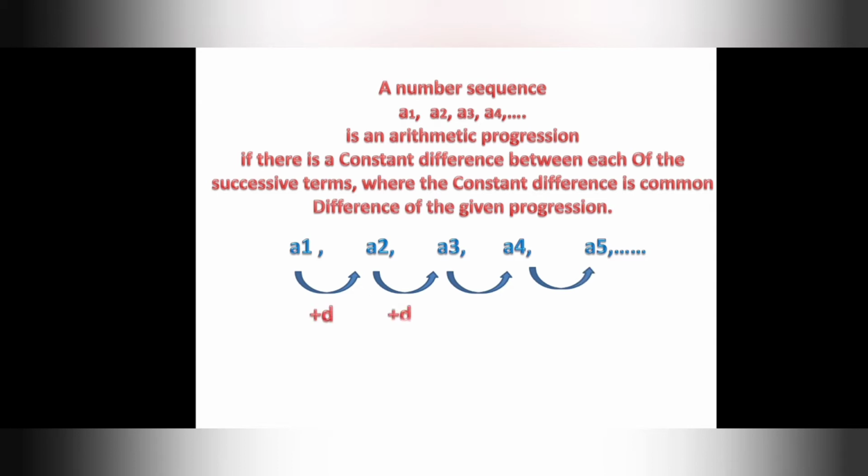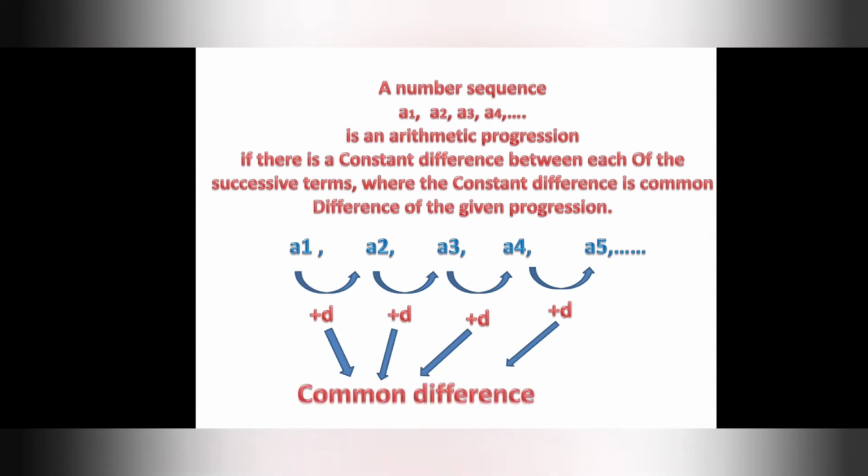This constant difference is considered the common difference in arithmetic progression. When we consider A1, A2, A3, A4 and A5 as the terms of the given AP, we have a common difference between each of the successive terms, which is given by D, which is constant. That is called the common difference in arithmetic progression.